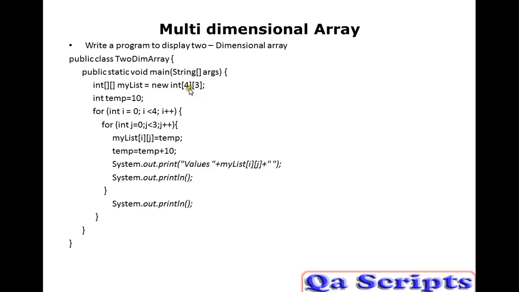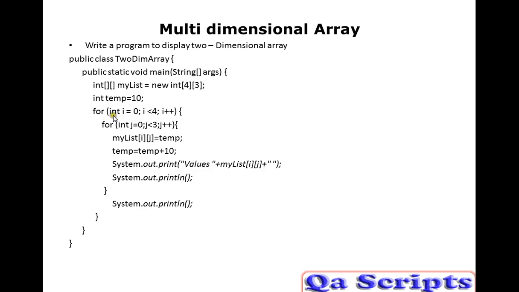Then I am assigning the length of rows as 4 and columns as 3. Here I am creating one int variable, temp, and assigning it the value 10. So the initial value of temp is 10.